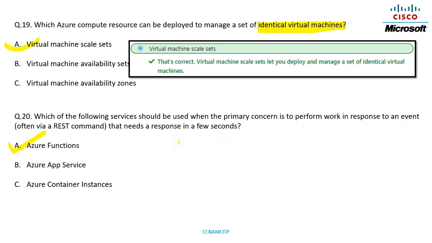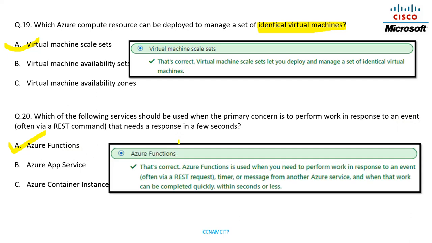It doesn't take much time, it responds in a few seconds or milliseconds. Azure Function is used when you need to perform work in response to an event, timer, or message from another Azure service, and when that work can be completed quickly, within a second or less. Azure Function should be the answer for this question.